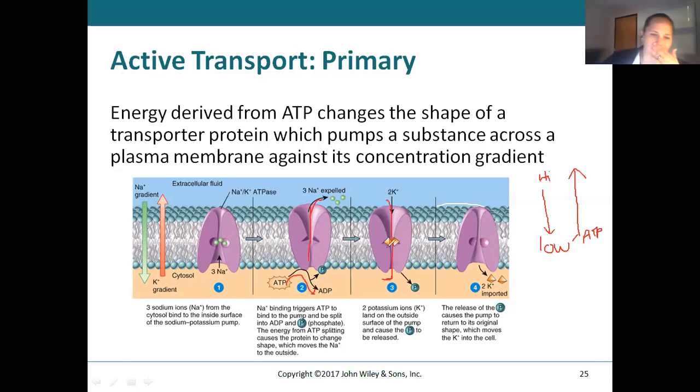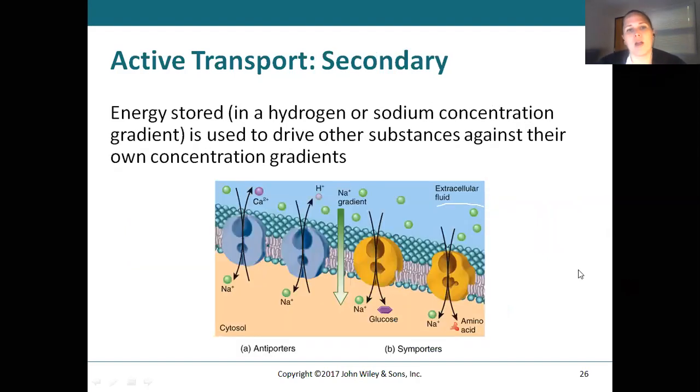So the sodium-potassium pump moves these two molecules against their concentration gradients, and because it's against their concentration gradients, it requires energy. So it's a great example of active transport. The sodium-potassium pump exists in our neurons, and we'll talk about it far more when we get to that chapter, but it's a great example of active transport.